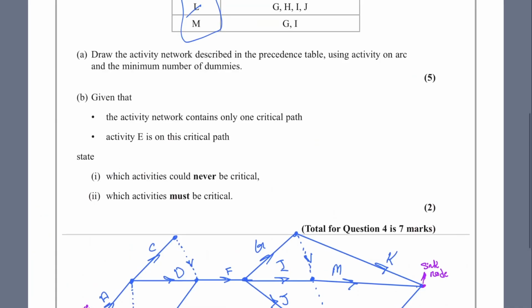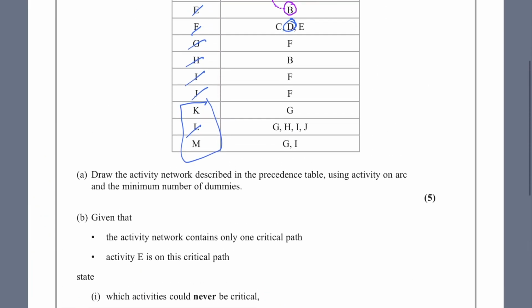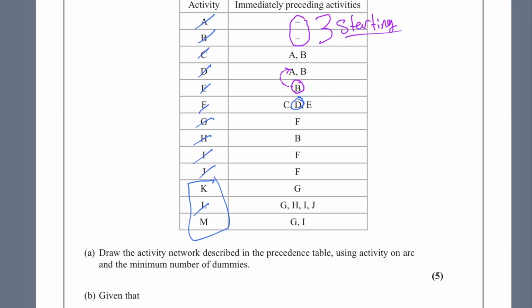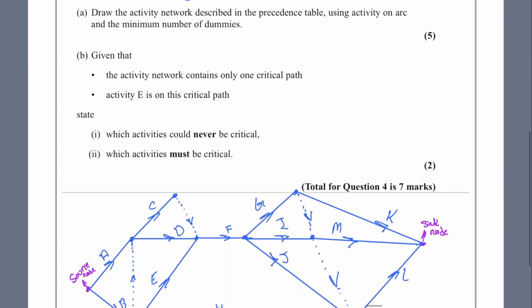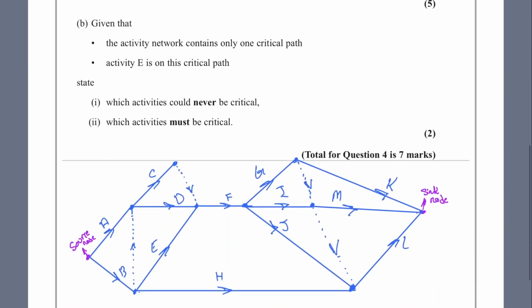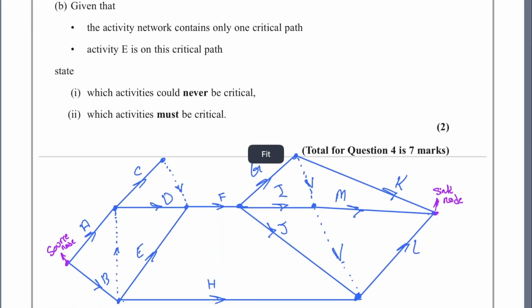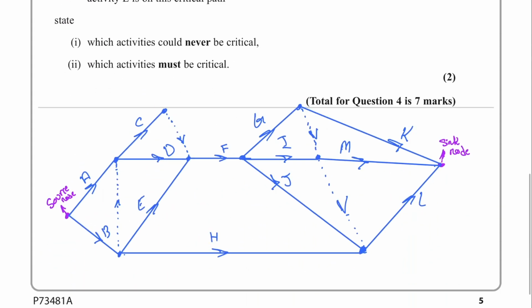It says, given that the activity network contains only one critical path and activity E is on this critical path, state which activities could never be critical, and which activities must be critical. So let's start with the ones that must be critical, because those are easier to identify. You can do this by looking at the table or by looking at the network itself. So given that E, where's E?